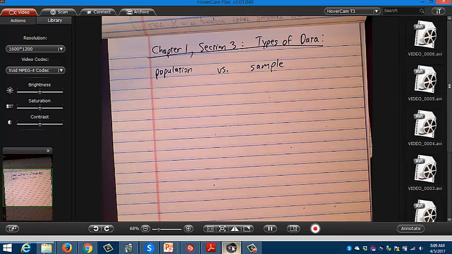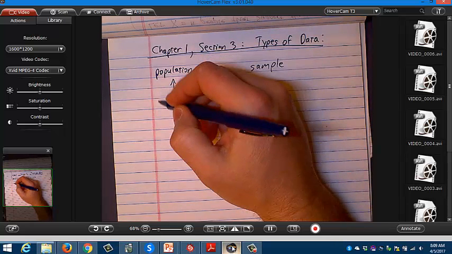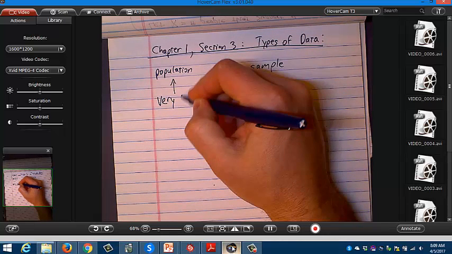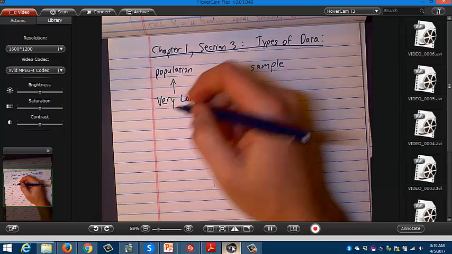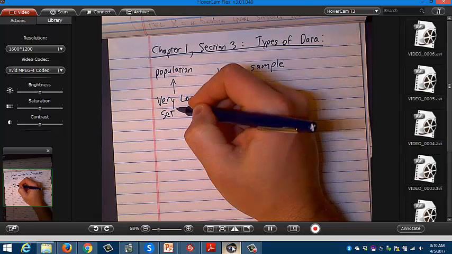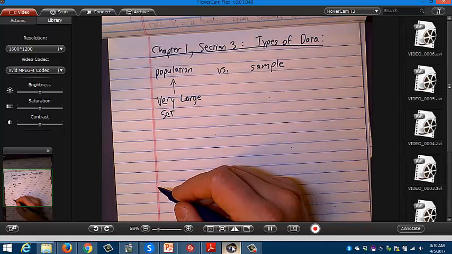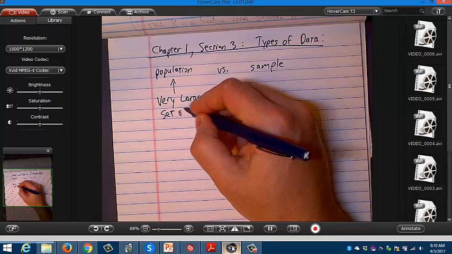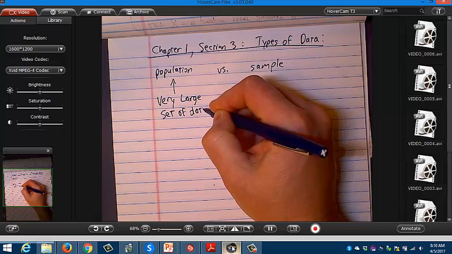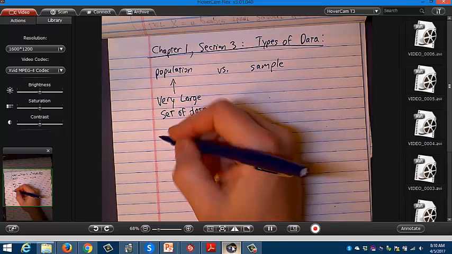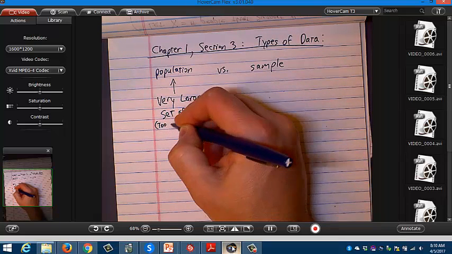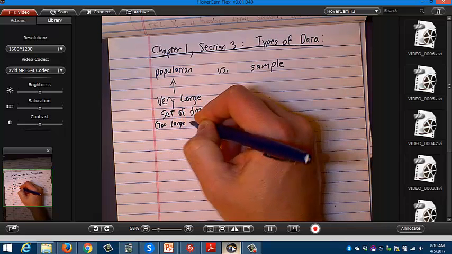So population, right, is a very large set. And should I say it's a set of data? Sure. It's a very large set of data. And usually the idea is it's too large to handle.